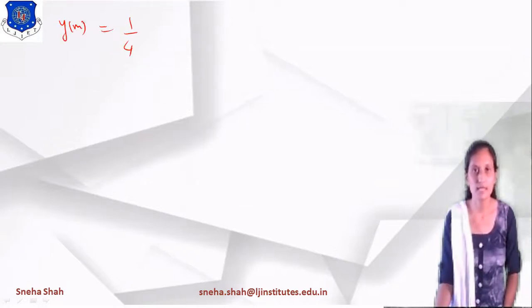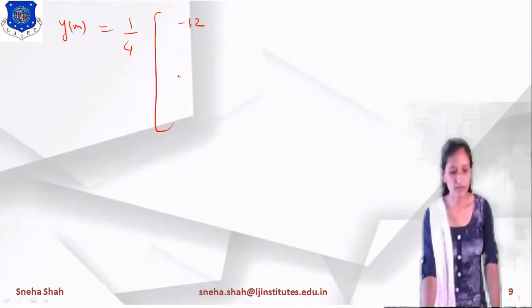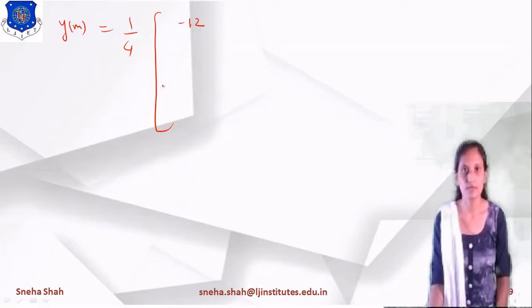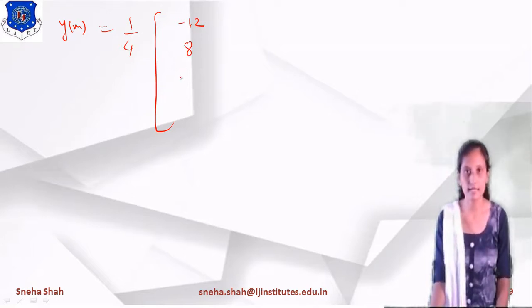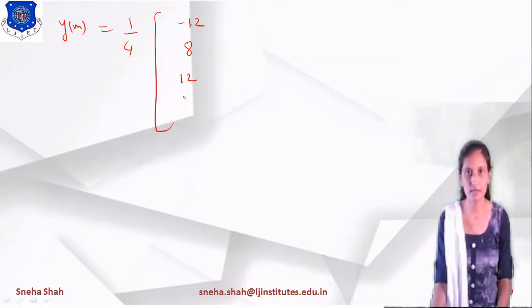Similarly, if I find all the other values, the next value is 8, the next value is 12, and the last value is minus 8. So if I solve this, minus 12 divided by 4 gives the answer minus 3, then 2, 3 and minus 2.